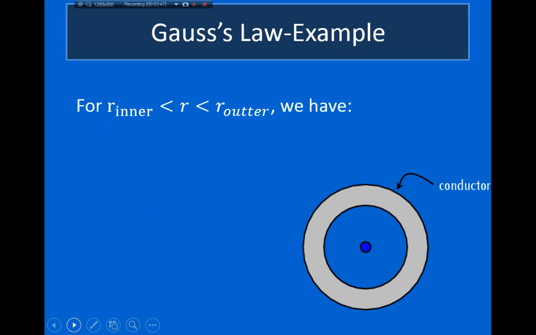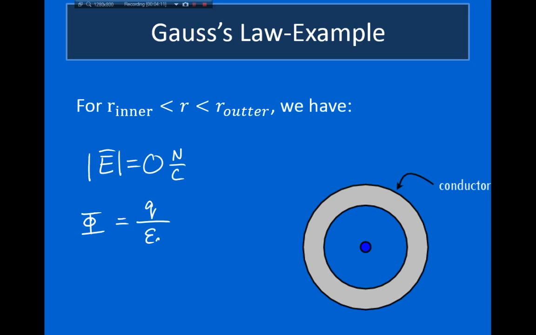So now what happens if we're actually inside the conductor? Well, we already know what happens when you're inside a conductor. The electric field is going to be equal to 0. So because we know the electric field is equal to 0, Gauss's law actually tells us something. Because Gauss's law says that the flux is going to be equal to the charge enclosed divided by epsilon naught.